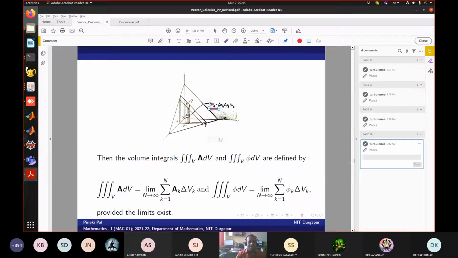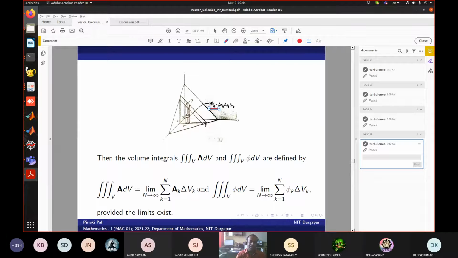So the basic idea is similar. You see the region has been changed and the entire region is divided into different small parts, and now the parts will look like a tiny three-dimensional region, a portion of space. A typical portion of space we'll call delta Vk, and it will be a rectangular parallelepiped having dimensions delta xk, delta yk, delta zk.